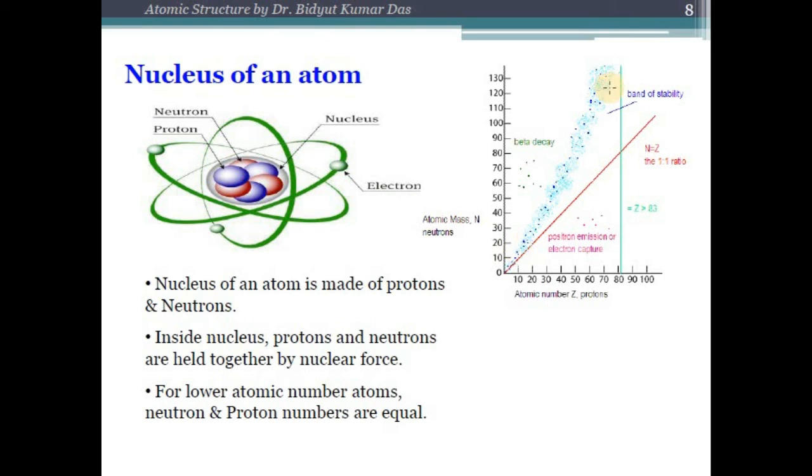This is the band of stability, and the straight line shows equal numbers of protons and neutrons, and the stability of the atoms deviates from it when the atomic number increases. You should also remember that unstable atoms always emit some particles like alpha, beta or gamma particles in order to become a stable atom.